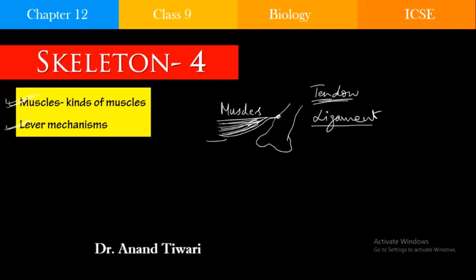This movable end is drawn out from a tough structure, that is the tendon. It attaches this muscle to the bone.